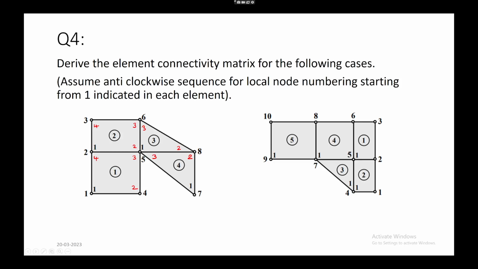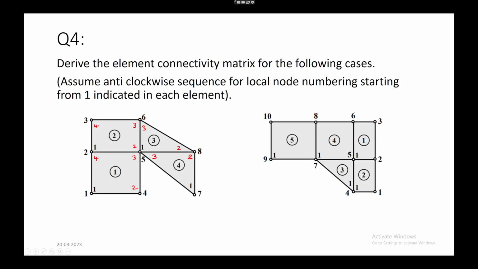Okay, for the second element, 2, 1, 6, 3. Are you sure it is 1? Actually this 1 here corresponds to the local node of the third element, so this is the global numbering. So the answer will be 2, 5, 6, 3. Yeah, 2, 5, 6, 3.